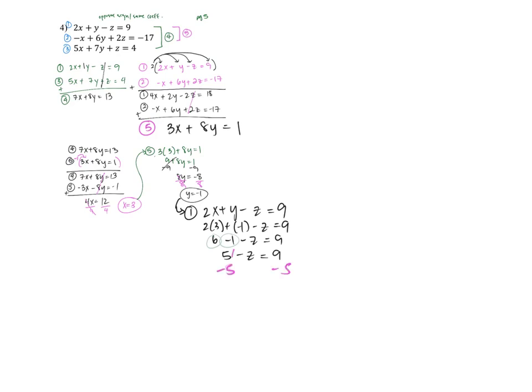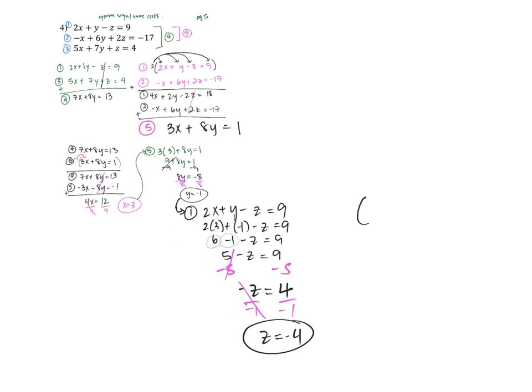That cancels, so then I have -z equals 4, since 9 minus 5 is 4. If I divide by negative 1, z is negative 4. So I have my z, I have my x, I have my y.